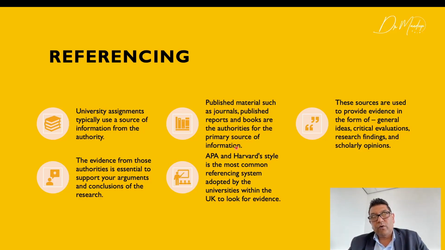You can also look for professional body websites, the PSRBs, for example APM, Association of Project Management, RICS, Royal Institution of Chartered Surveyors, and CIPS, Chartered Institute of Procurement and Supply. Those are legitimate sources of information as well.